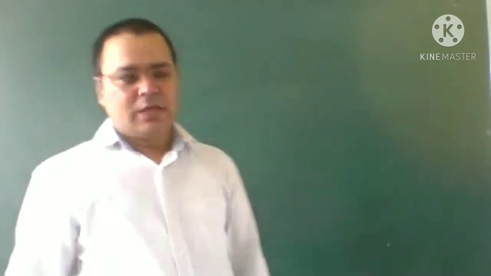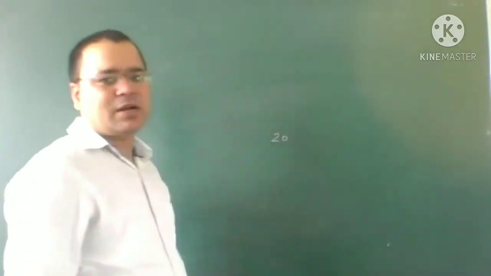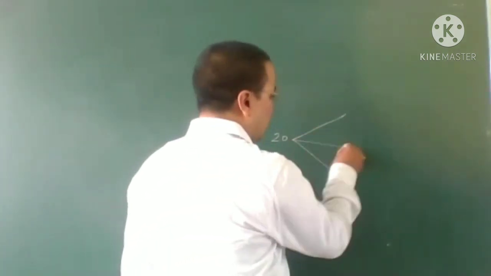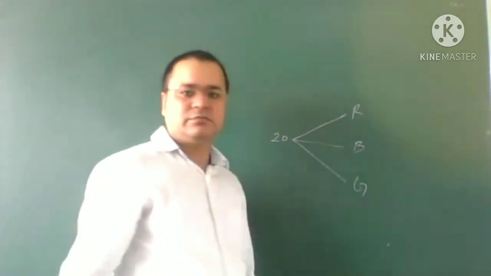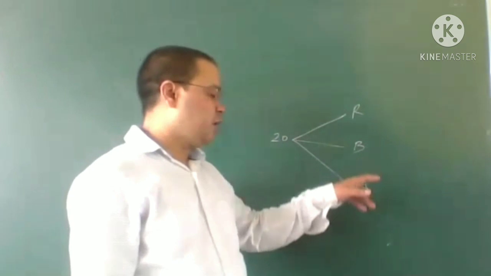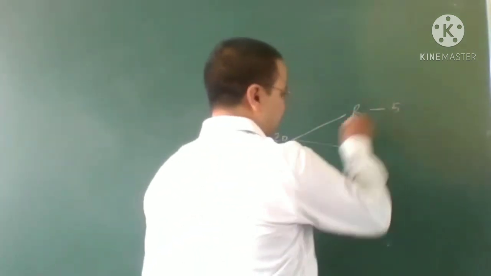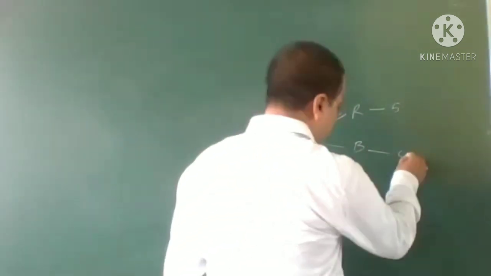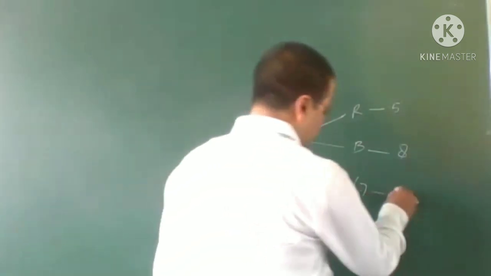Let total number of objects be 20. Here R for red, B for blue, and G for green. So 5 are red objects. Get it? And 8 are blue objects. And 7 are green objects.